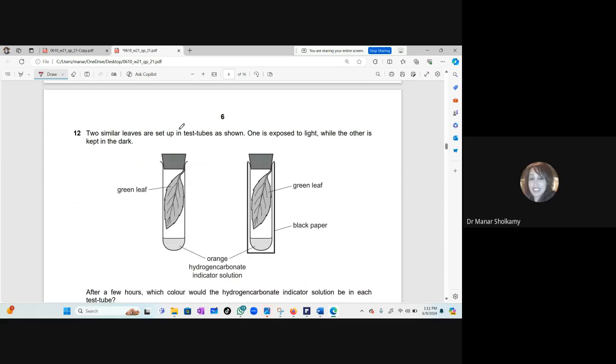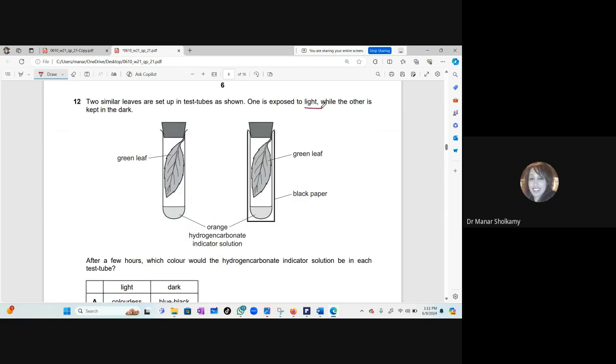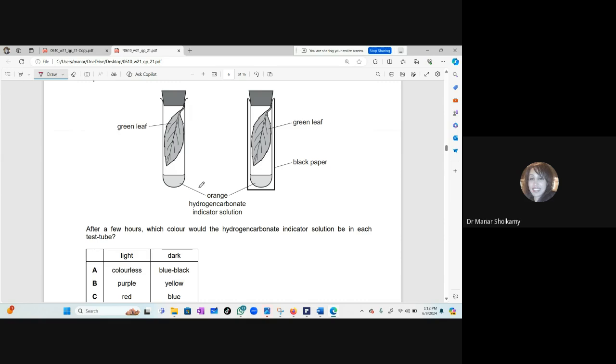Two similar leaves are set up in the test tube as shown. One is exposed to light while the other is kept in the dark. Now, the moment you see the word light, then this plant is doing what? Photosynthesis, immediately. So you have a green leaf in orange hydrogen carbonate indicator solution, and a green leaf in black paper. Now you need to know the colors of this indicator.